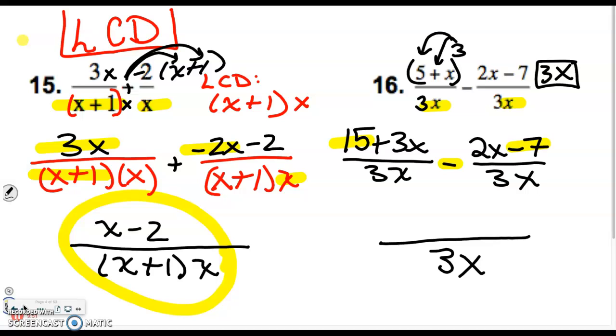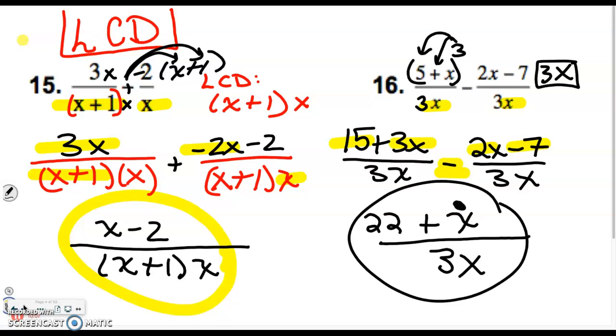So do I go down to 12 or do I go up 7 to 22? What do you think? Up 7. Yeah, to 22. Make sure you realize that you're subtracting both of those. This is a 3x, and again, it's minus 2x. So that's just an x. Do these two x's cancel? What do you think the answer is, Lily, again?